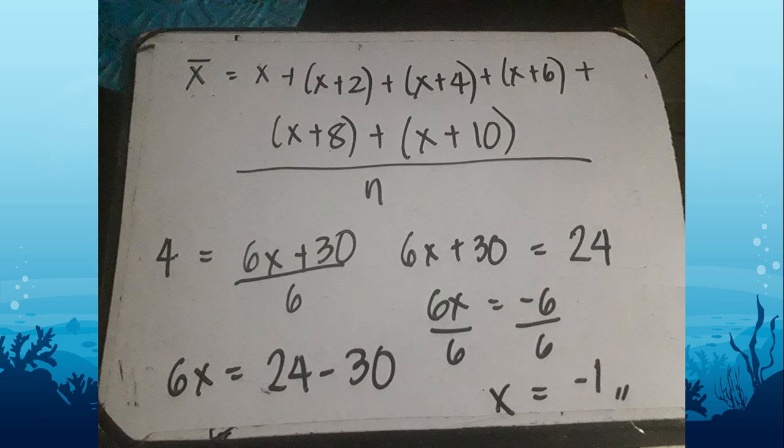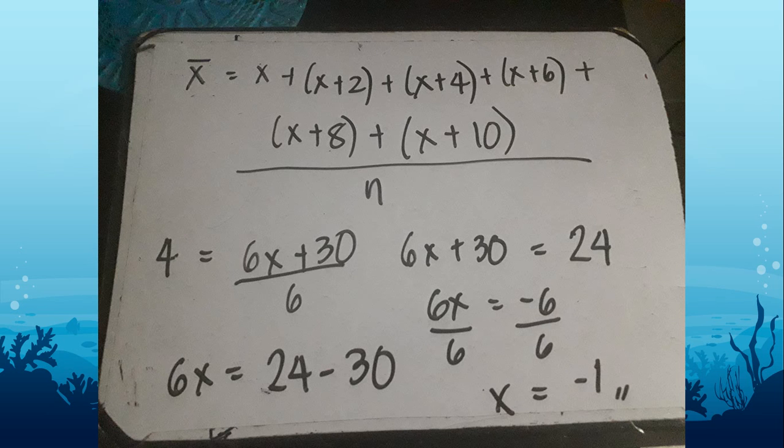So if x is our first, the next odd integer would be x plus 2, as the difference between two odd integers is 2. So x plus 2, next is x plus 4, next is x plus 6, next is x plus 8, and the sixth is x plus 10. And adding this divided by 6.